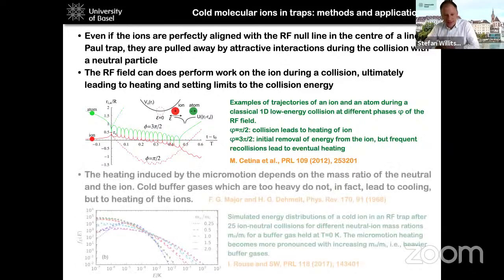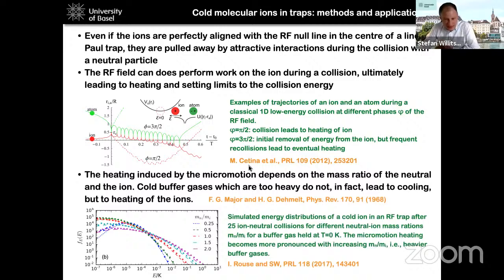It's first been discussed in this paper, and it actually goes back to problems that have been known for a very long time. Namely, the degree of heating by this micromotion also depends on the mass ratio of the buffer gas to the ion. That was first discussed in this seminal paper by Hans Dehmelt already in the 1960s, where it was explained that the buffer gas should not be too heavy.